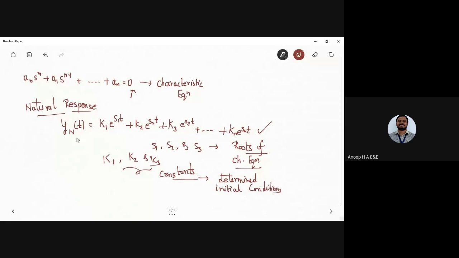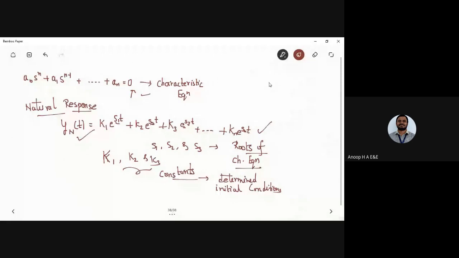Now if I want to write down this natural response of the system, I don't have to consider the input. I make the input 0, but I have the constants k1, k2 and k3, and s1, s2, s3, which I write as the roots of this characteristic equation.